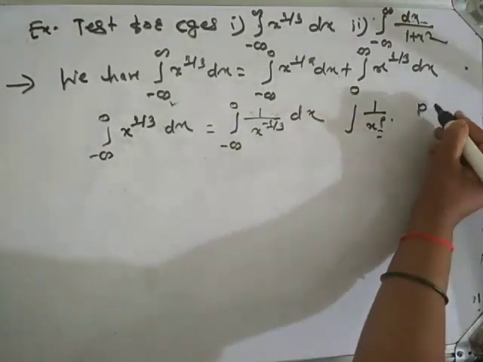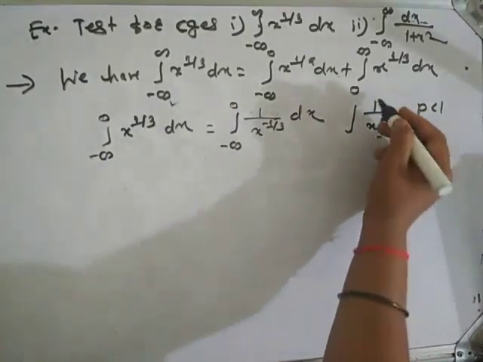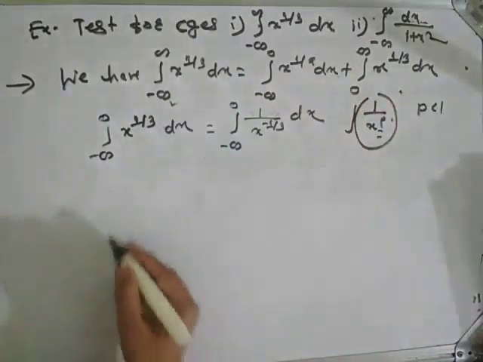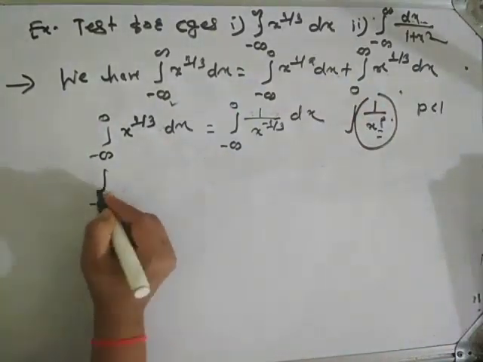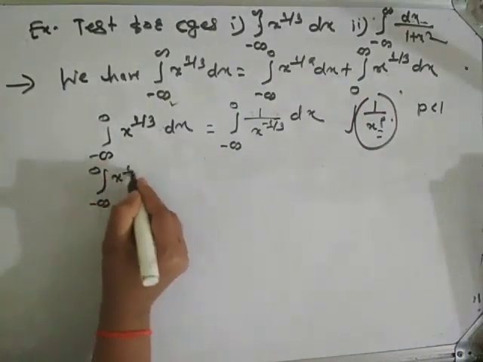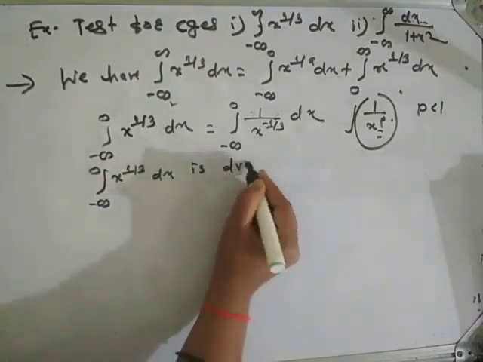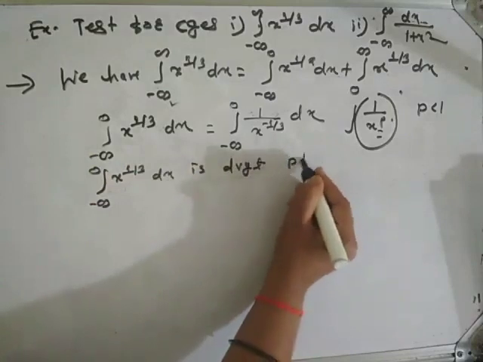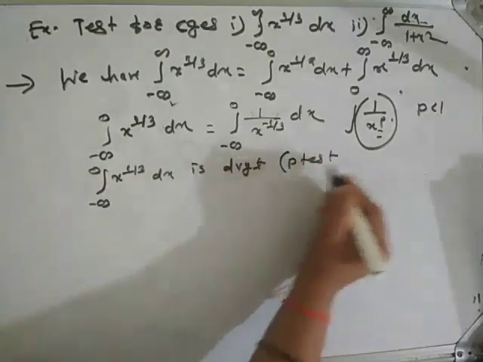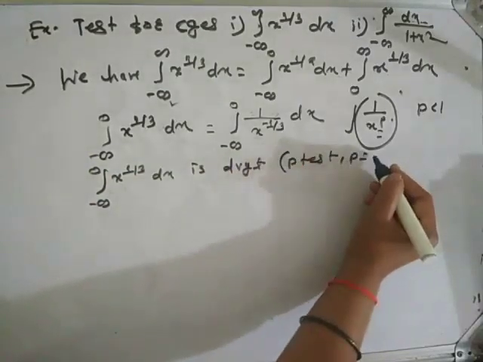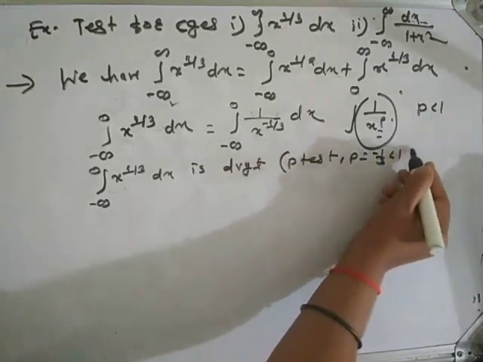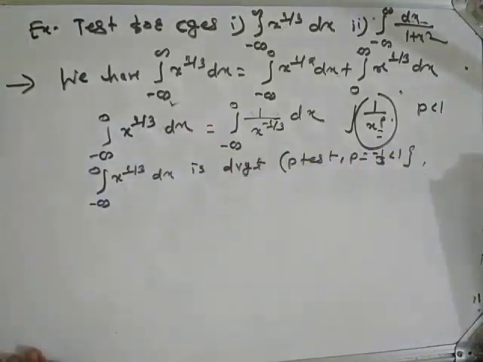When p is less than 1, this integral is divergent. So the integral from minus infinity to 0 of x raised to 1 by 3 dx is divergent by the p test, with p equal to minus 1 by 3, which is less than 1.